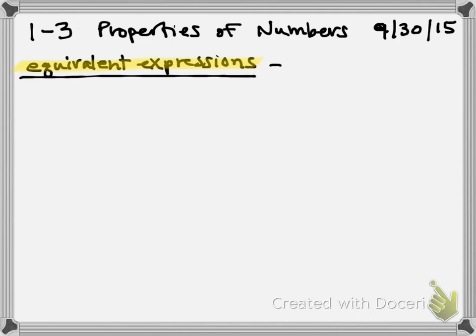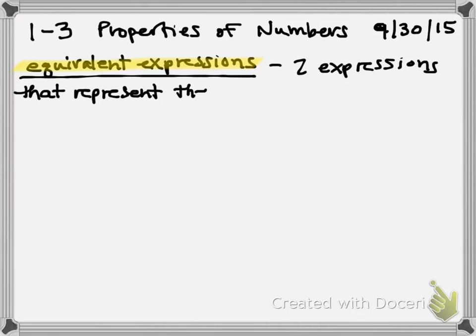So with expressions, we know it doesn't contain an equals. So it's two expressions that represent the same value. The word equivalent means equal, same, and then we have our expression.